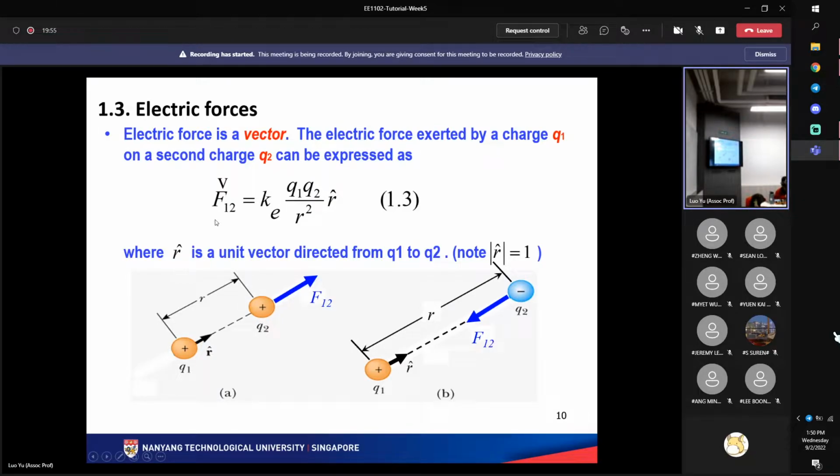For example, F12 means the force charge 1 exerts on charge 2, so that r-hat should point from the source charge to the point charge. Coulomb's formula tells us that F12 equals minus F21 because according to Newton's third law, the two forces have opposite directions and the same magnitude.